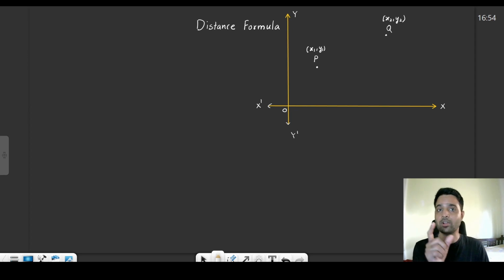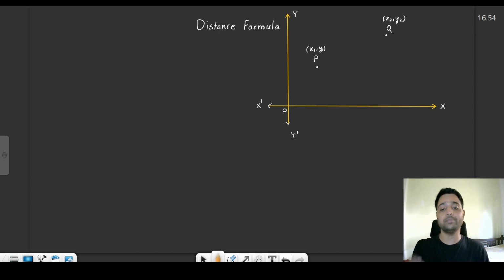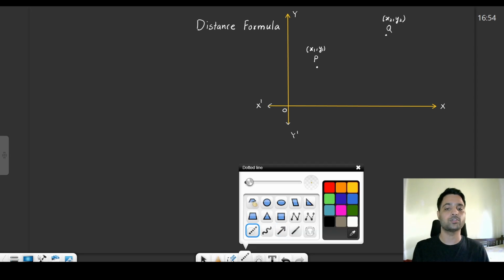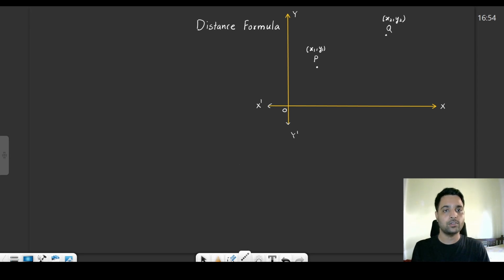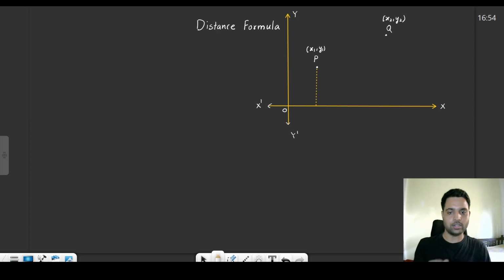That means the coordinates of that point are x1, y1. That basically means that if you draw a perpendicular from this point on the x-axis, suppose the name of this perpendicular is PM, the length of PM is going to be the y coordinate, which is y1.